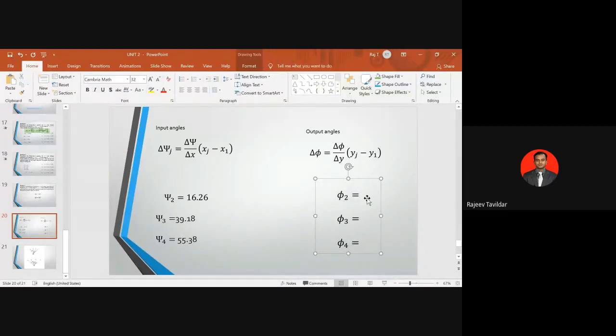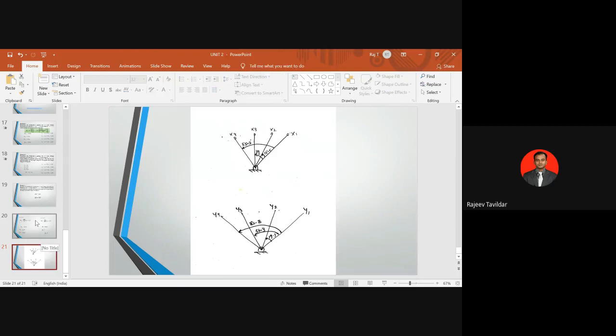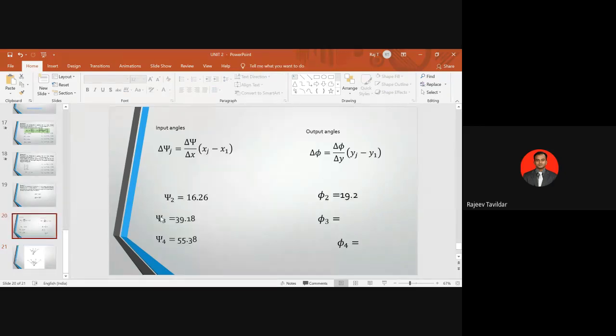Anyone who has calculated, please let me know what is phi 2 that you are getting. So 19.2. This is 19.2, phi 2. Phi 3: 54.3.